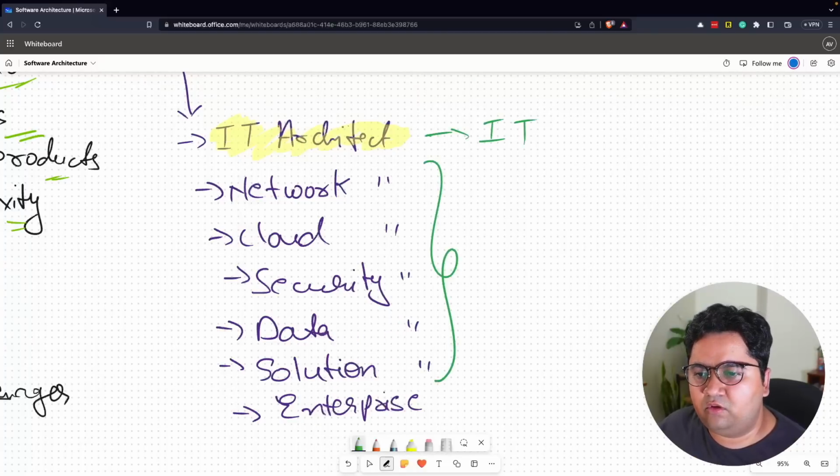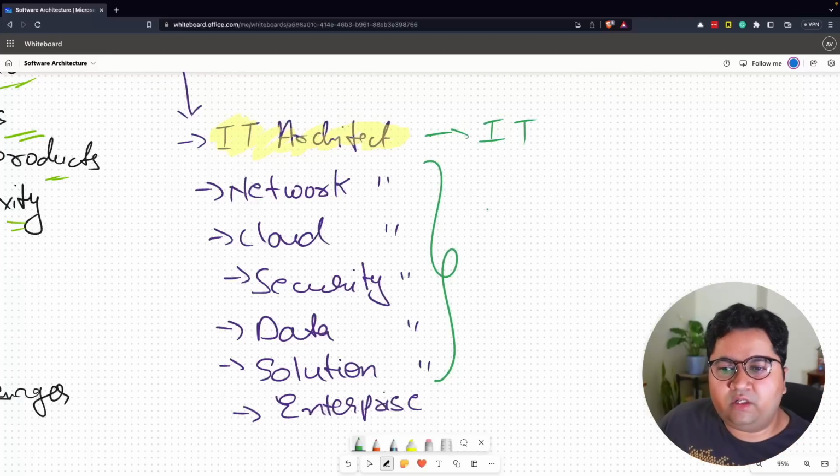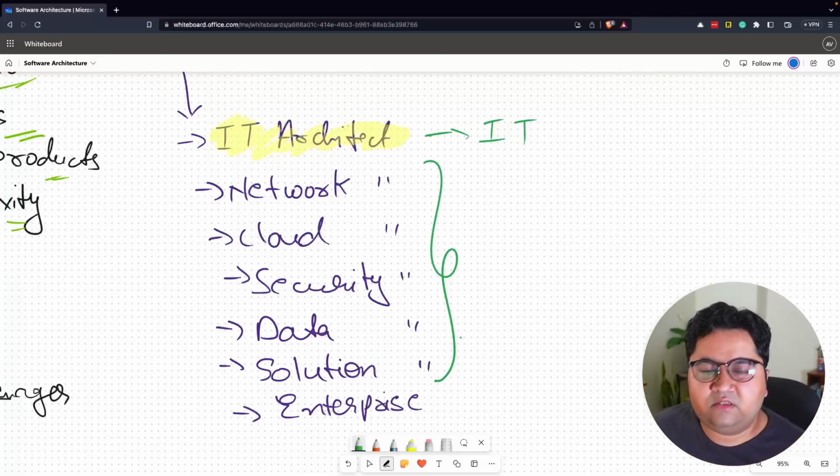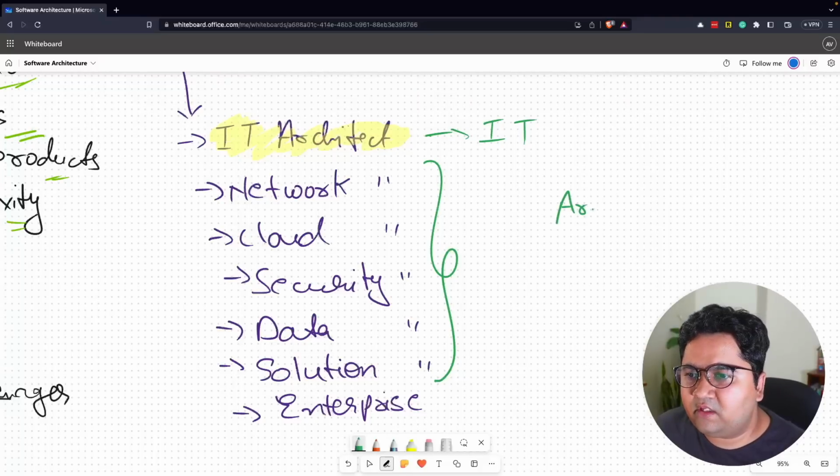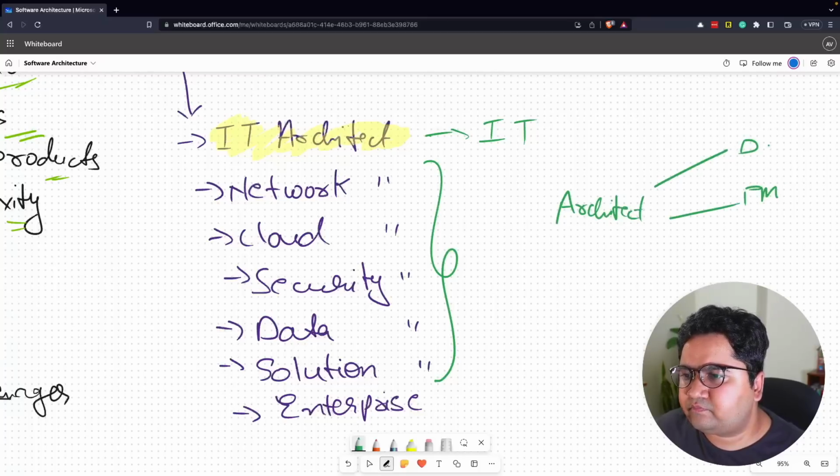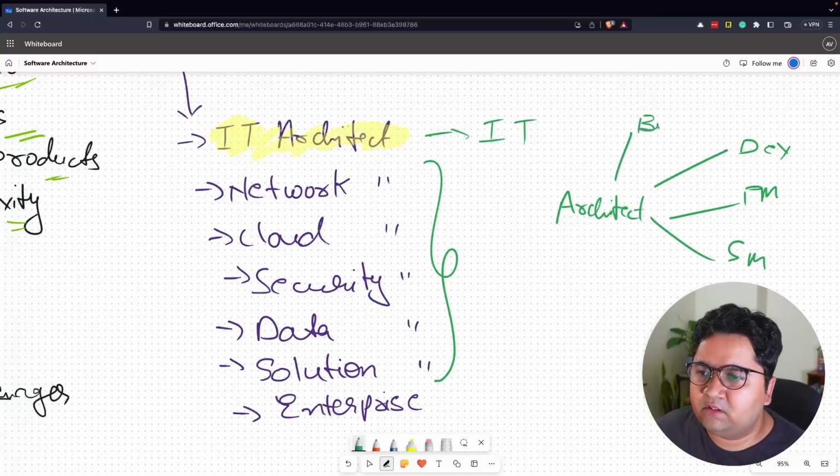But if you think about it, there are a few specialized kinds of architects. So what is an architect doing? He's talking to dev, talking to PM, talking to scrum master, talking to business, different kinds of people, sometimes even talking to testers and stuff like that.